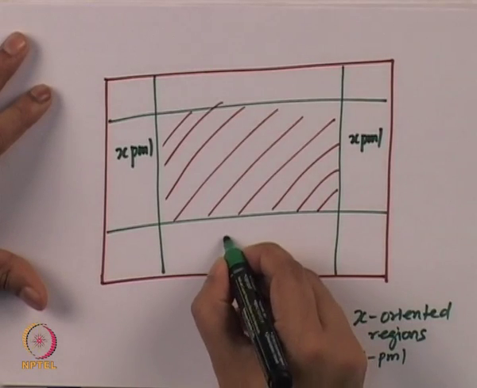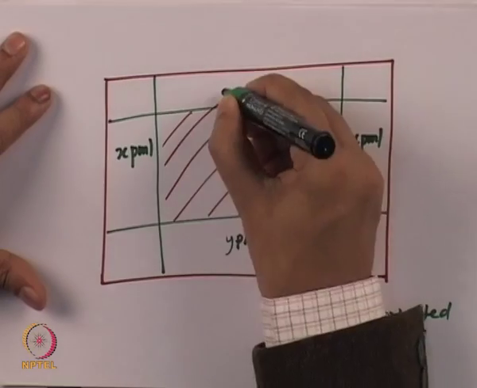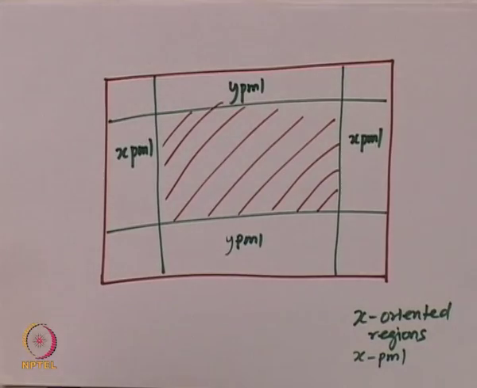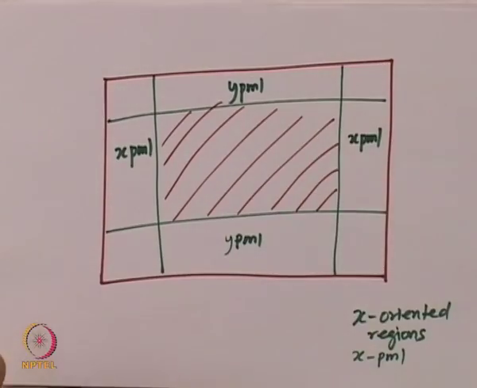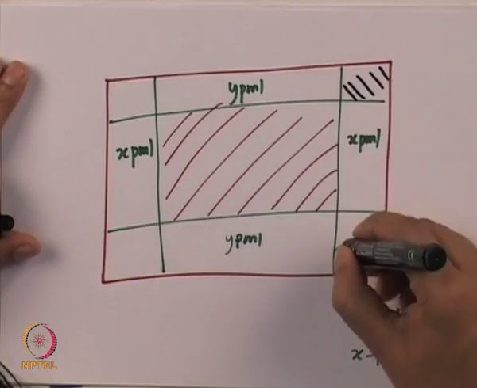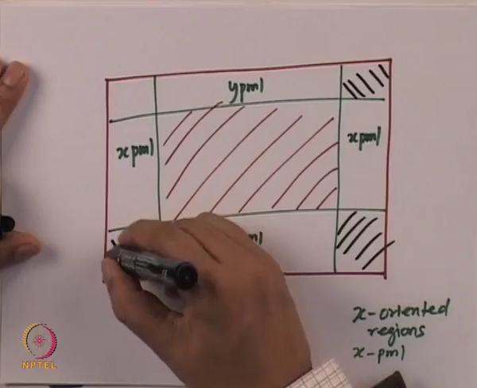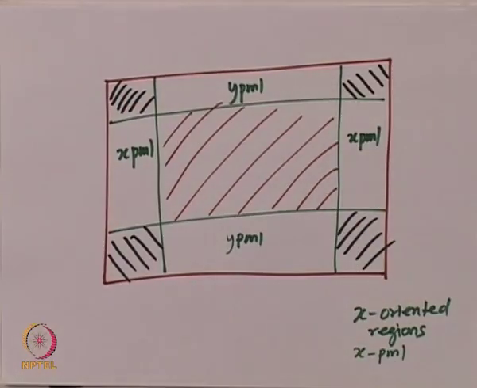Similarly, Y oriented PMLs are Y PMLs, and the top PML is also a Y PML. However, there are also 4 mixed PMLs, these regions. So I am going to mark them in black. So these are areas where we have both X and Y oriented PMLs.